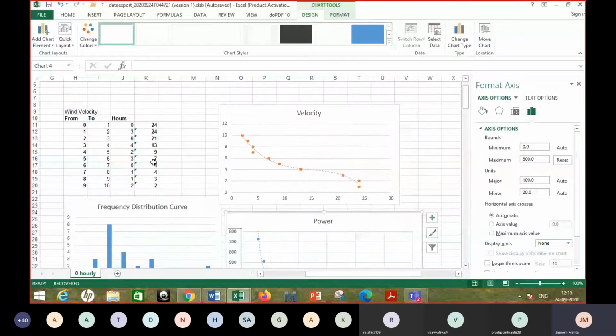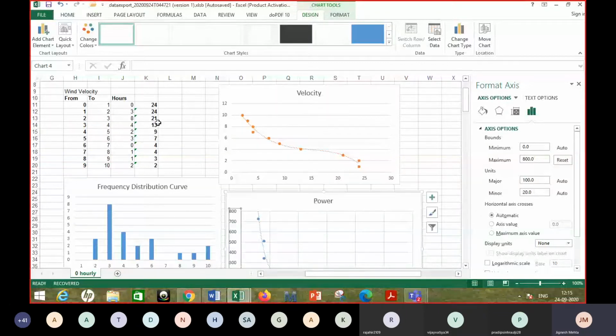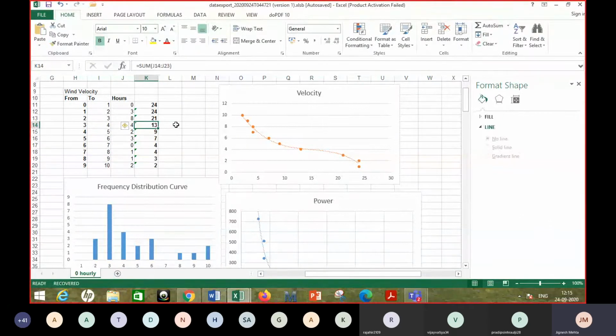What is the reading corresponding to the velocity 3? How many hours? It is 13 hours. Okay, so for 13 hours it is 3 or more than that. Okay, so it means that for 11 hours it is less than 3, right? For 11 hours it is less than 3.